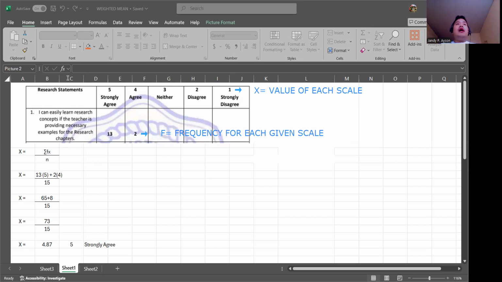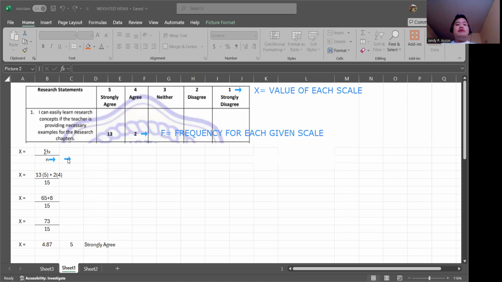So, now, ano naman daw po yung ating N? What is our N? N po is the number of frequency. So ano ba yung frequency natin? 13 at saka 2. Number of frequency meaning total. So 13 plus 2 is equals to 15.